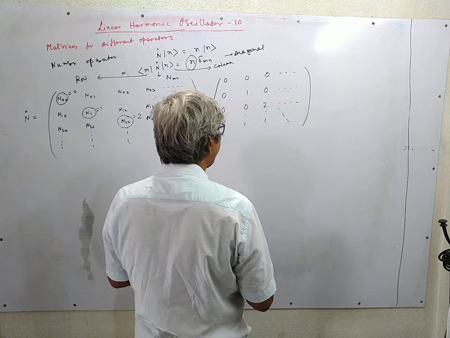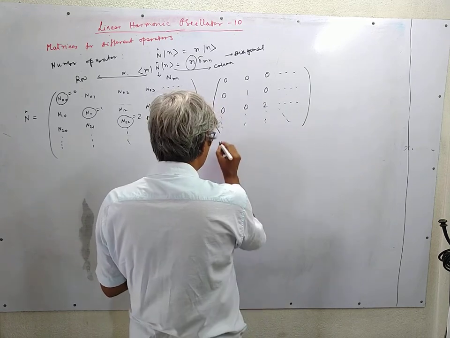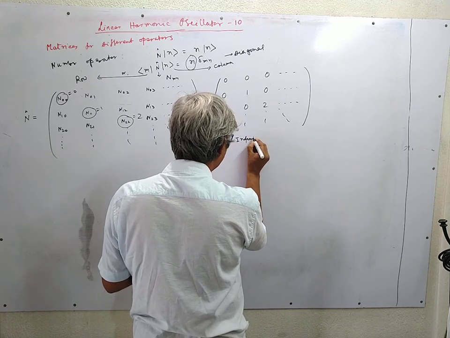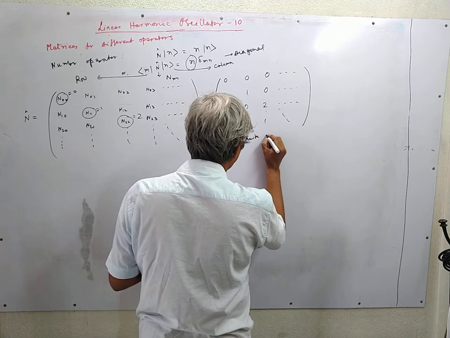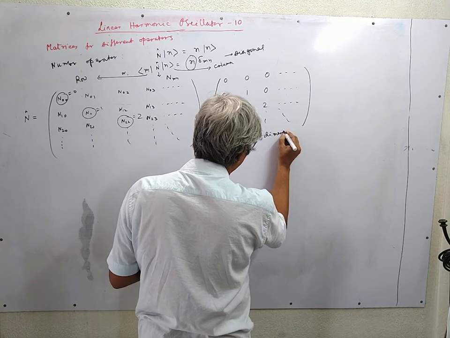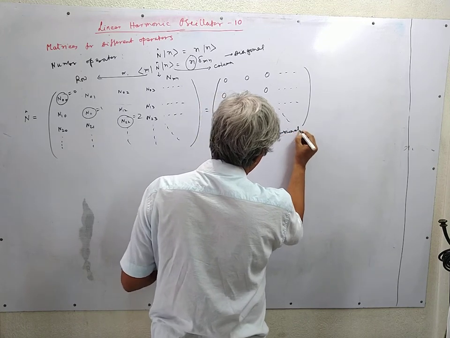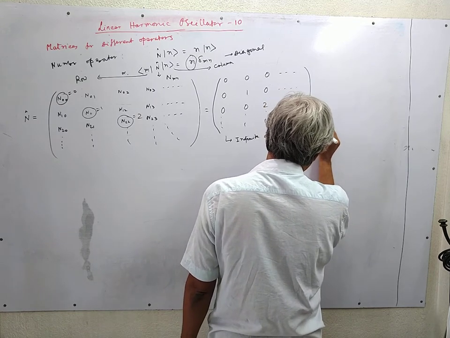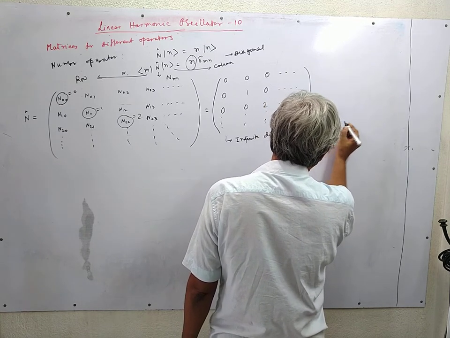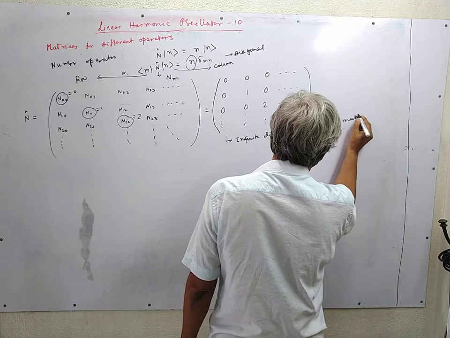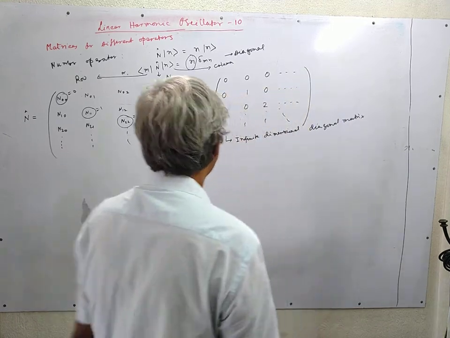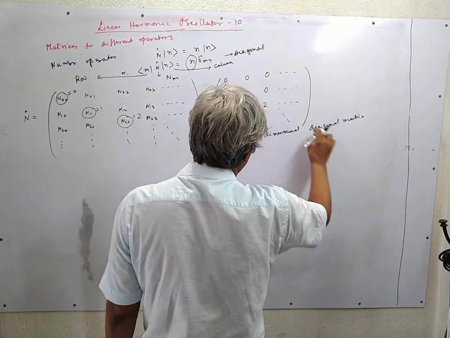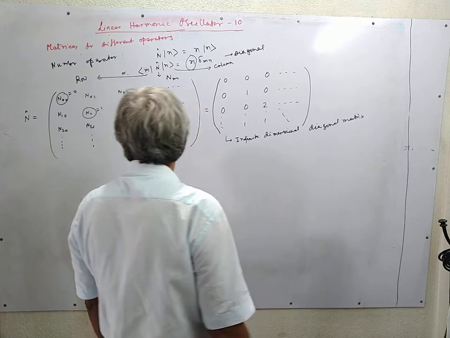So, it is an infinite dimensional diagonal matrix, meaning only the diagonal elements survive.